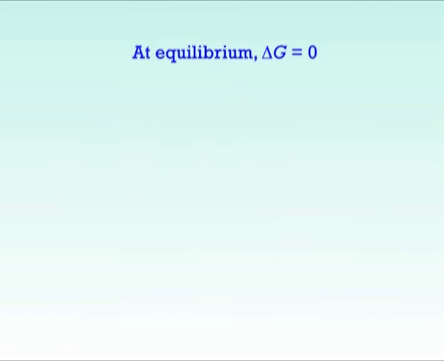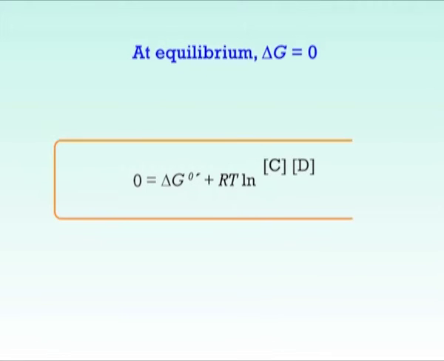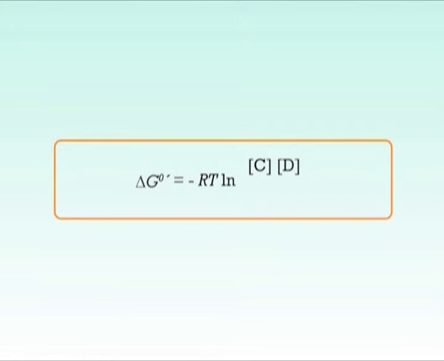So equation 1 then becomes 0 equals delta G naught prime plus RT ln of the concentrations of C and D divided by the concentrations of A and B. And so delta G naught prime equals minus RT ln of the concentrations of C and D divided by the concentrations of A and B.